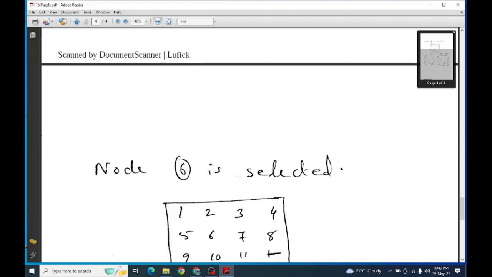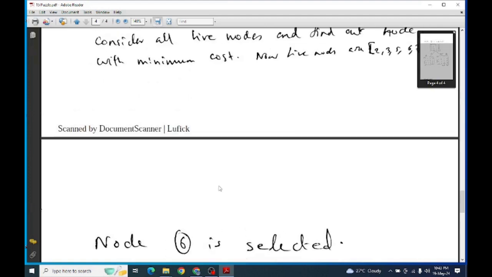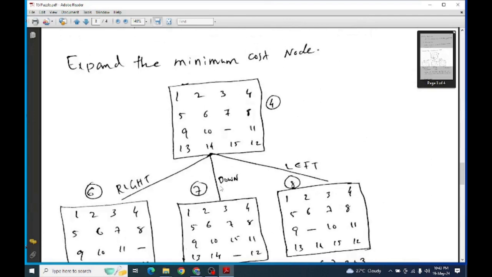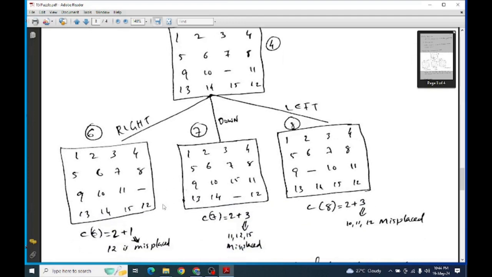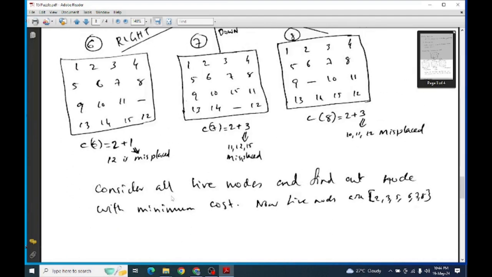Here we will use a function to calculate the cost, and we will consider different nodes, and we will pick the node with minimum cost for further expansion. Branch and bound method, LC search.